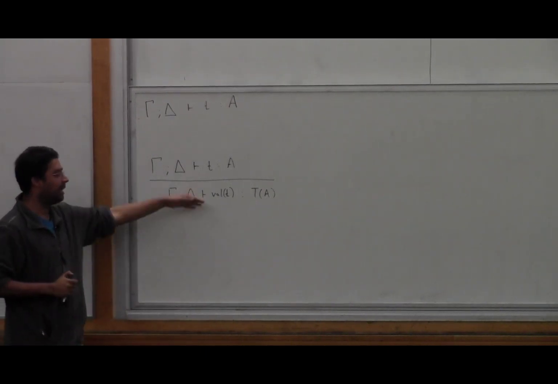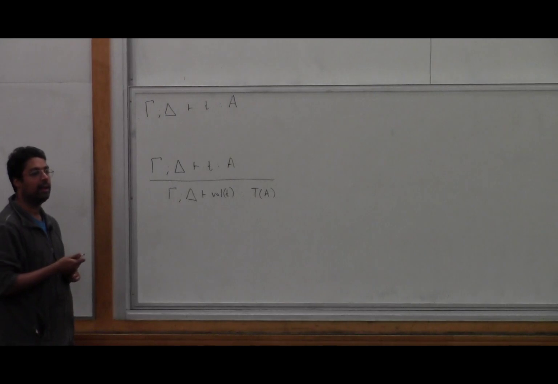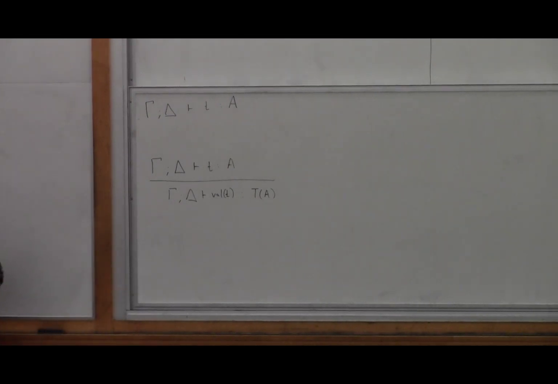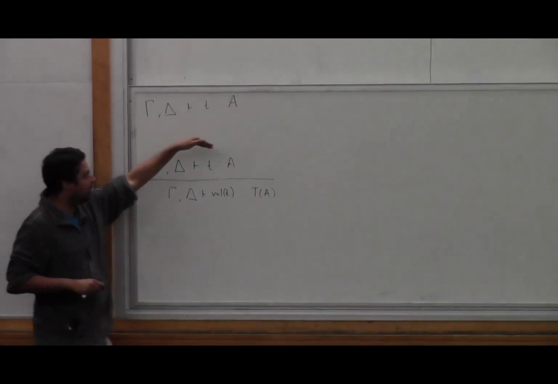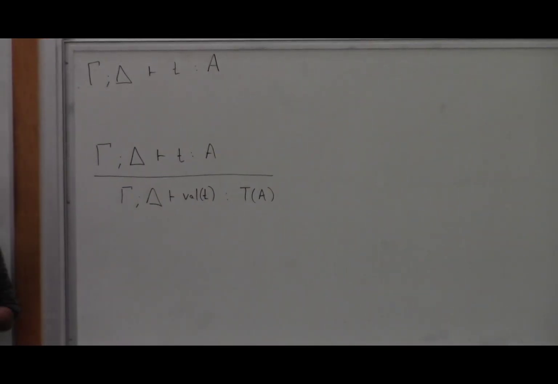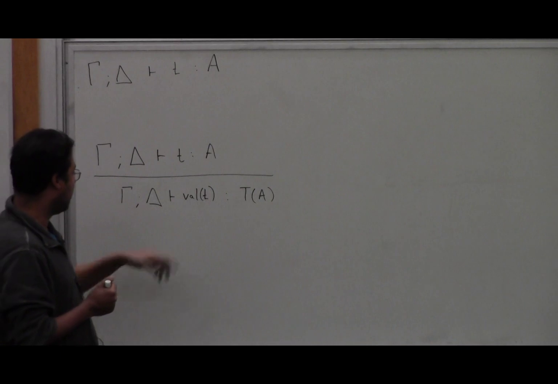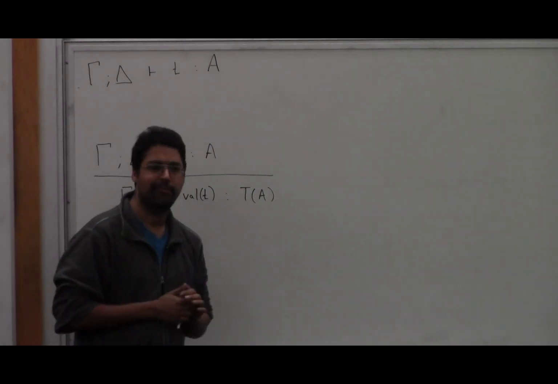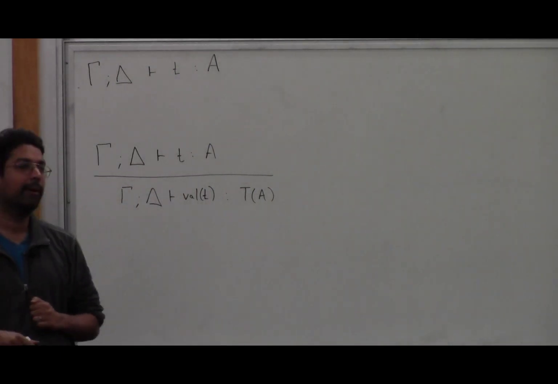This is like the return in monadic programming in Haskell. So we're saying if we can build an A, then we can treat it as a T of A. And I'm using val because that's the notation Moggi used in his original paper.